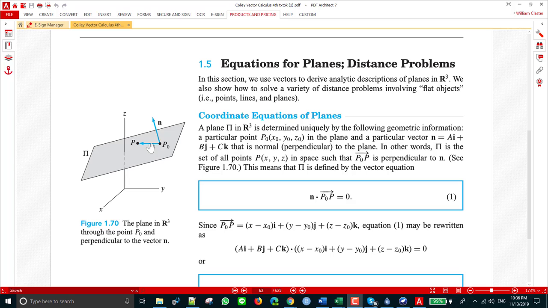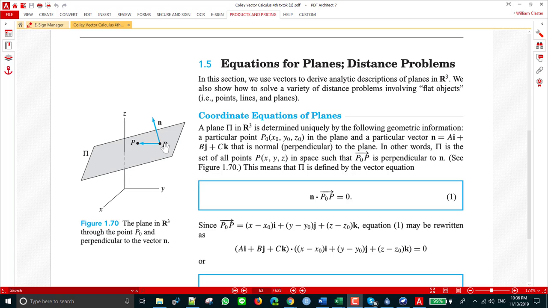It's the set of all points in space such that if we take any point that's in the plane and we connect it to the point P0 with a vector, then what has to be true? That n dot this has to be 0.